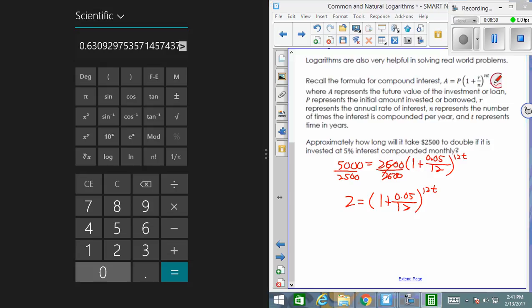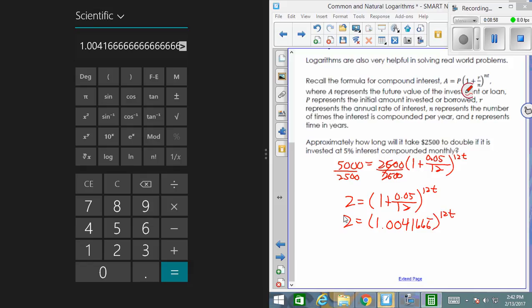Okay? So we're going to do 0.05 divided by 12 first, which gives us that. We're going to add 1 to it. So we're going to have 2 is equal to 1.0041666 repeating to the 12t.